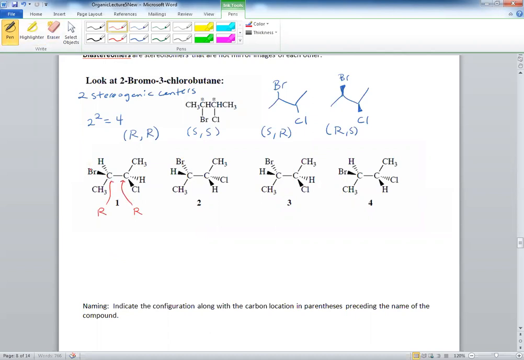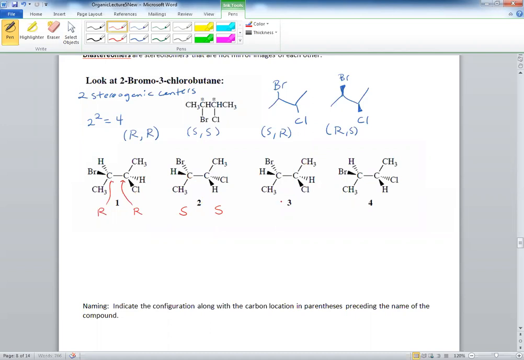We notice that the Br was switched on this carbon right here, on the first carbon. So that would be an S. It's now in the back. Remember, one switch means what? You switch the configuration. Also, the Cl was switched, so that's an S.